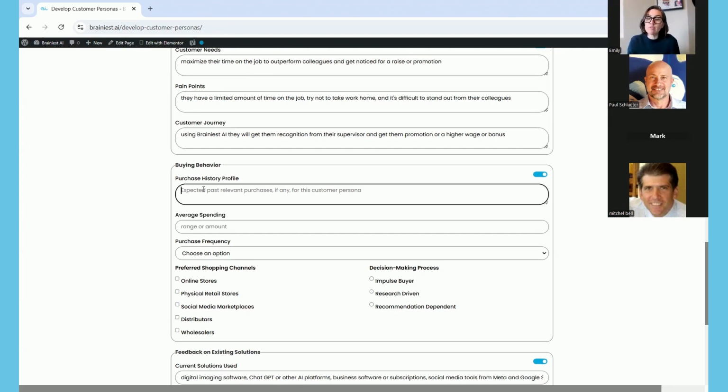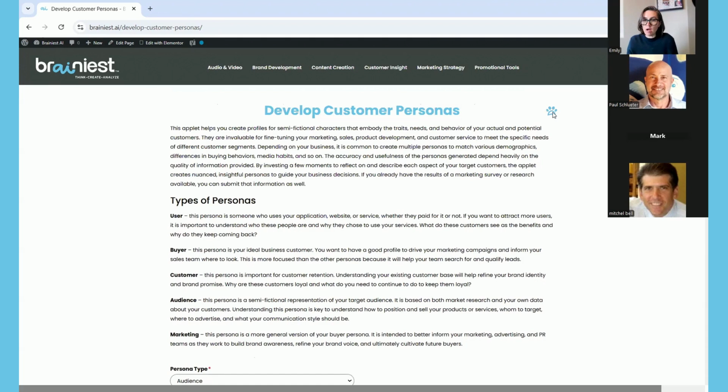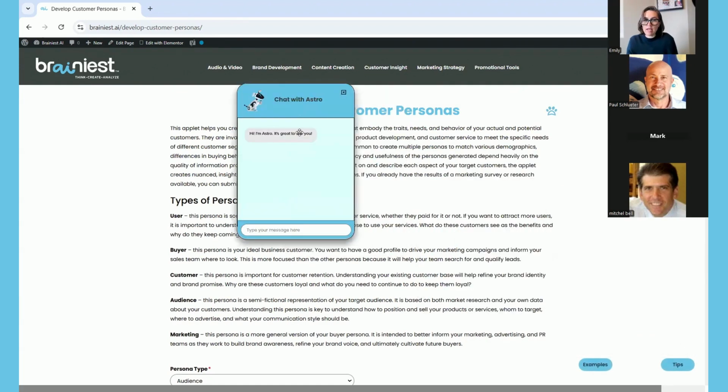And anytime you're not sure what any of these things might mean, come up to the paw up here and click on that. That's your chat with Astro. You can type in things like what is a customer pain point? What does a customer journey look like?